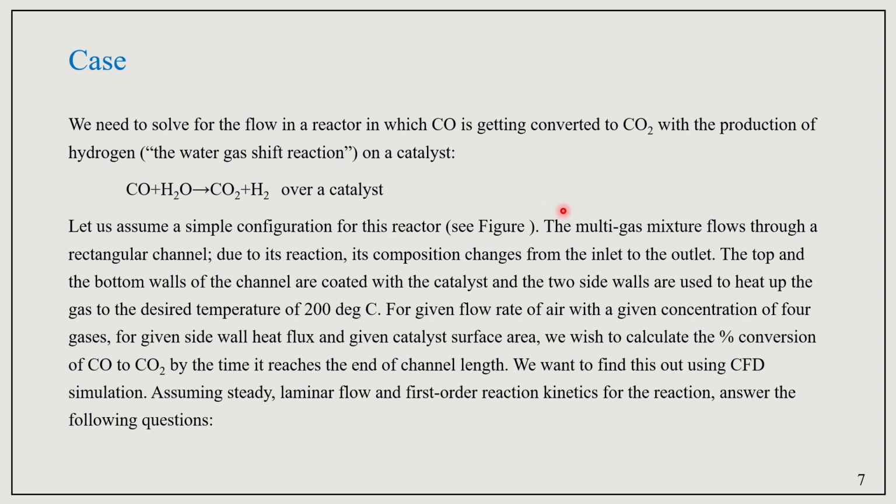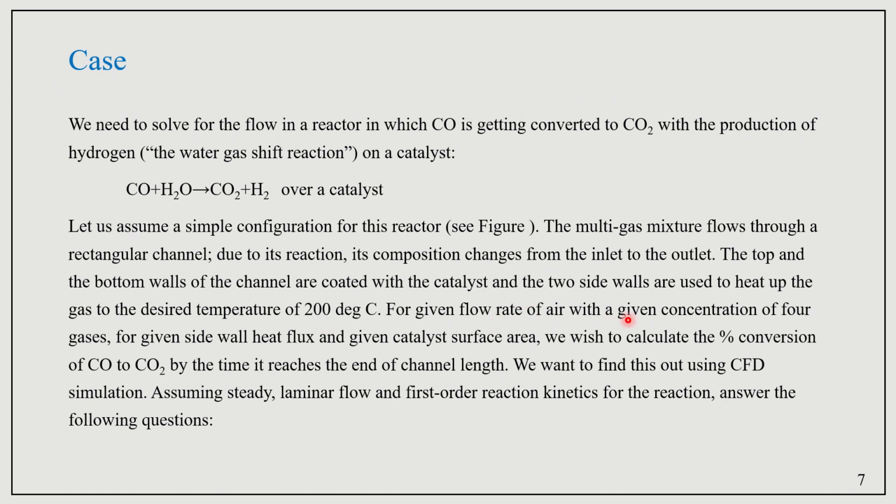See figure. The multigas mixture flows through a rectangular channel. Due to its reaction, its composition changes from inlet to outlet. The top and bottom walls are coated with the catalyst, and two side walls are used to heat up the gas to the desired temperature of 200 degrees Celsius.